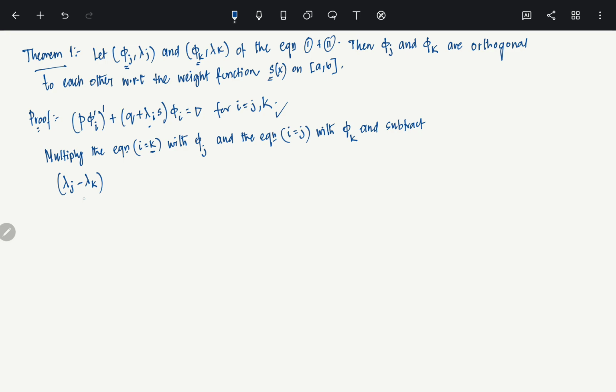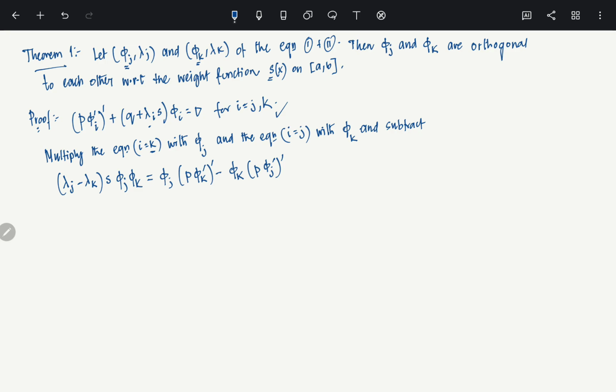Lambda j minus lambda k times phi j phi k will be equal to phi j times (p phi k prime) whole prime, minus phi k times (p phi j prime) whole prime. I hope this is clear.